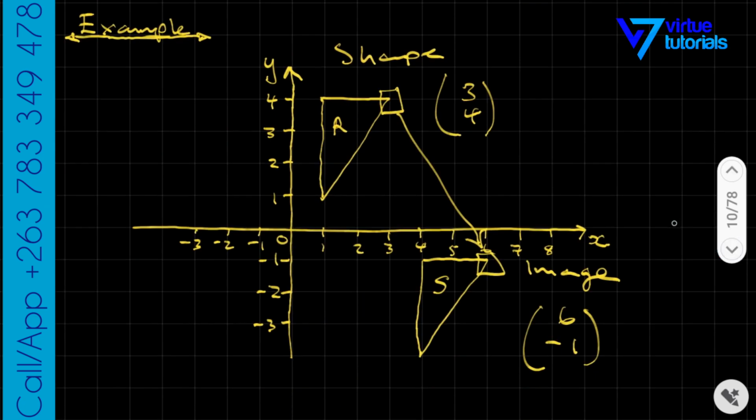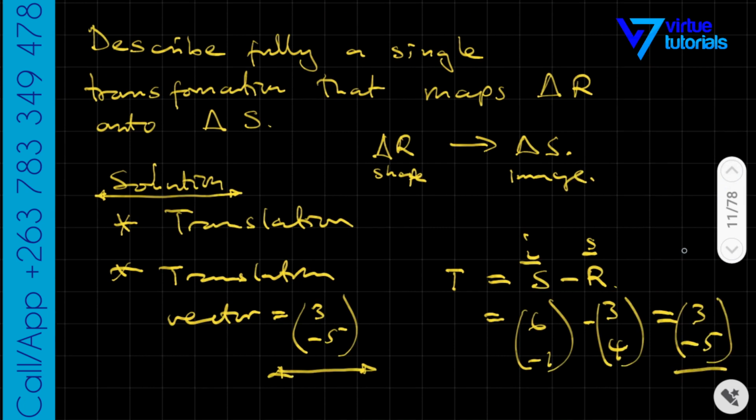Just go to your shape and the image. Pick any pair of corresponding points. I could have picked this one and that one, or I could have picked this one and that one, right? Take the final point on the image and take its coordinates and subtract the original point on the shape's coordinates, right? The answer that you get is the translation vector. And in this case, our translation vector was 3, minus 5.